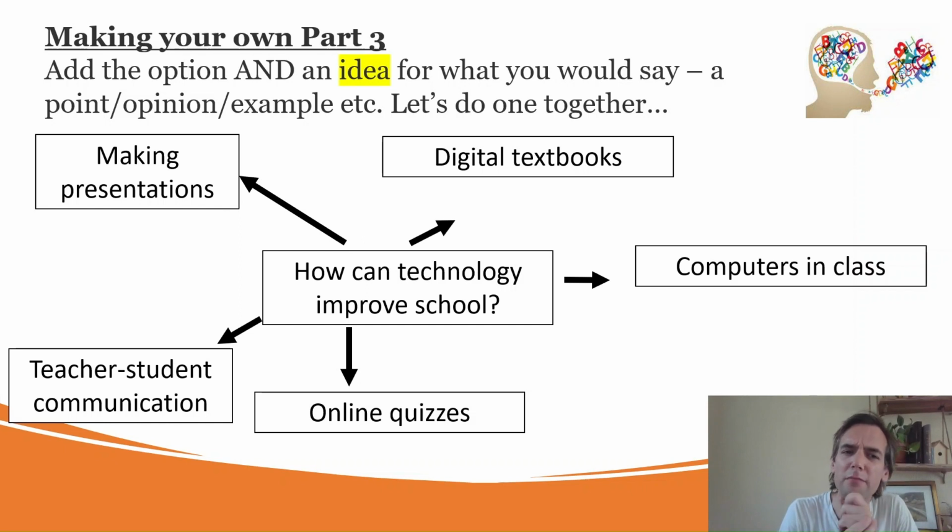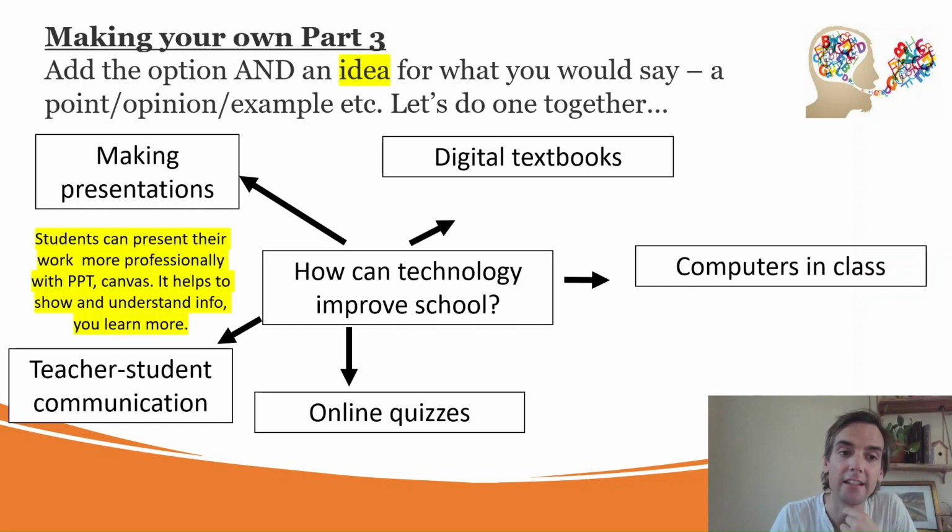Shall we start with making presentations? I think that students can present their work more professionally with a PowerPoint, for example. You can get more information in there, you can learn more. Would you agree? And that's it. That was 10 seconds. I'm very fast because I've done this a lot and I'm English, so it's a bit easy. But that's the framework, the idea that I want you to be able to do.